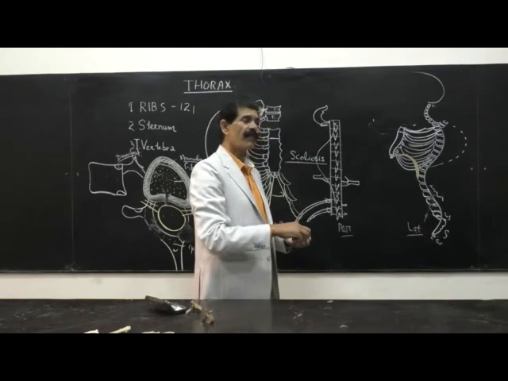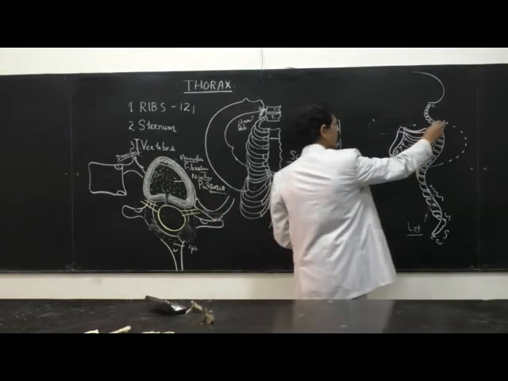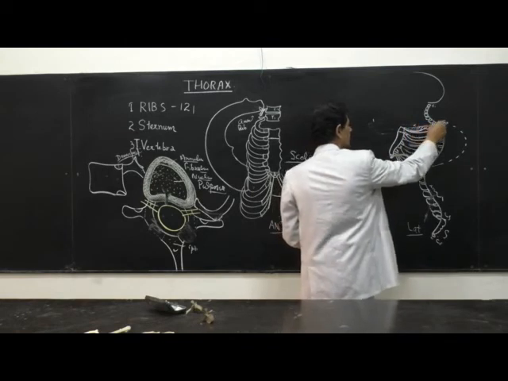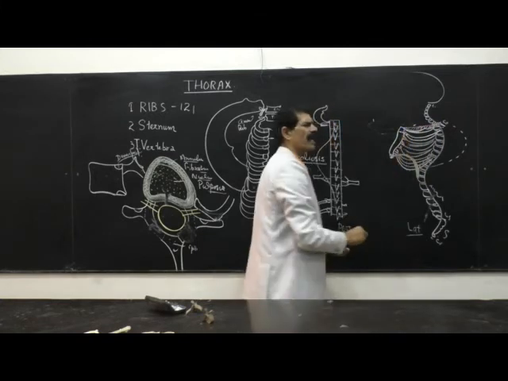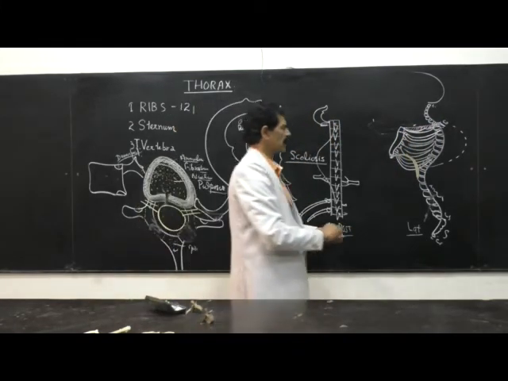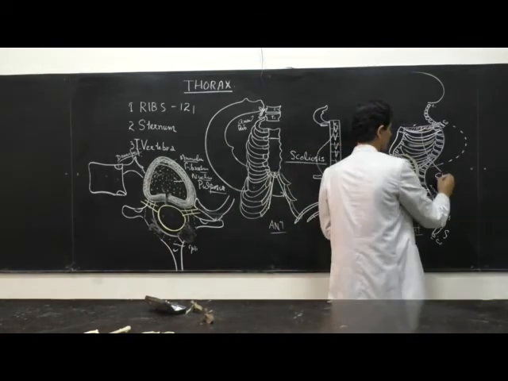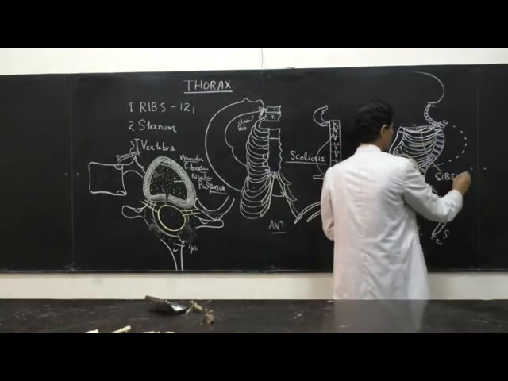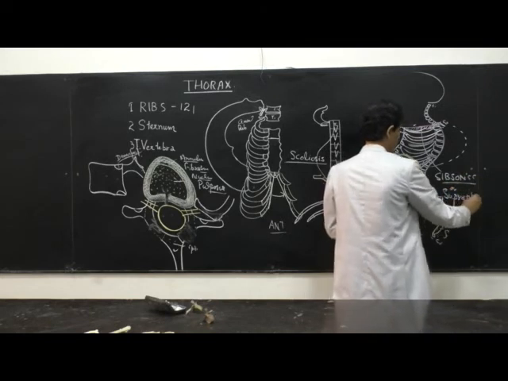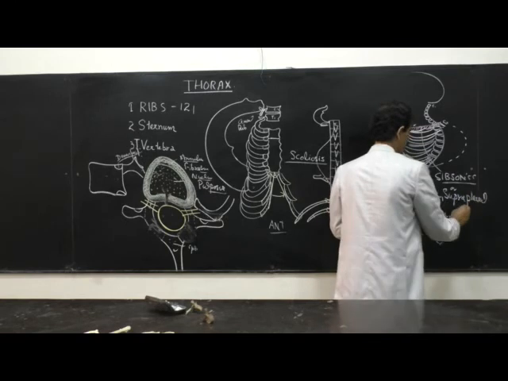In the similar way, the superior surface is also closed. Not a diaphragm, but it is a membrane. It is called the Sibson's fascia. This is Sibson's fascia, or also called the suprapleural membrane.